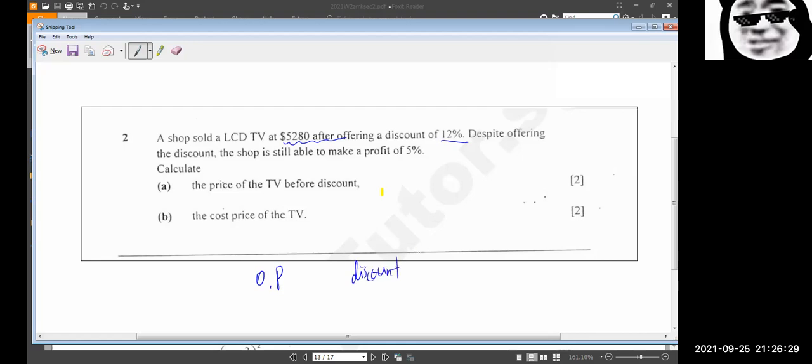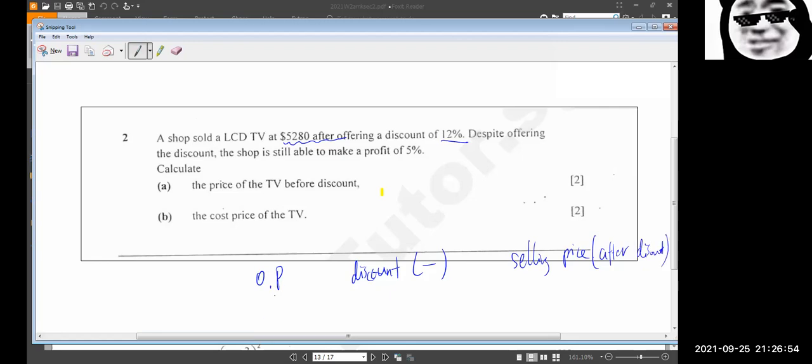By the way, when it comes to discount, it's minus, you pay less. And then this is the selling price after discount. I should write down after discount, because sometimes the selling price can be before discount.